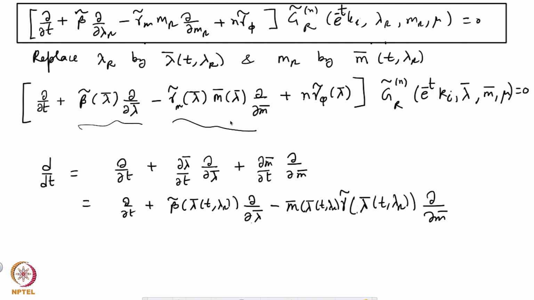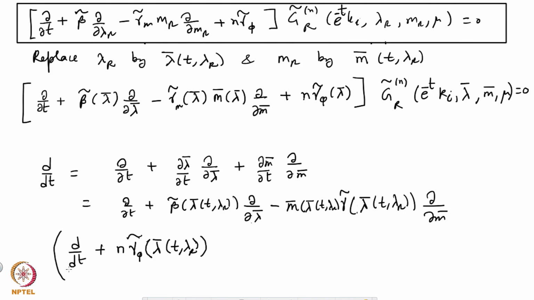So these first three terms together become the total derivative of t, so d over dt, then you have plus n gamma tilde phi of lambda bar, where the argument is t lambda r.